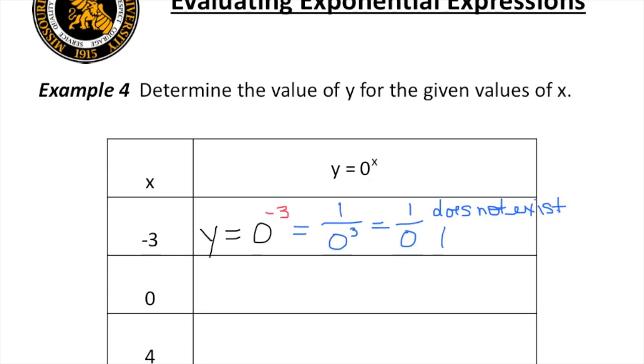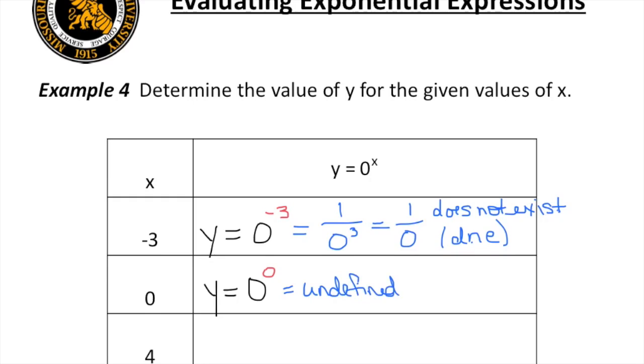So the shortened version of does not exist is DNE. Now let's evaluate this equation for x equal to 0. Recall, the property of exponents for a power of 0 tells us that if the base is 0, this is undefined.